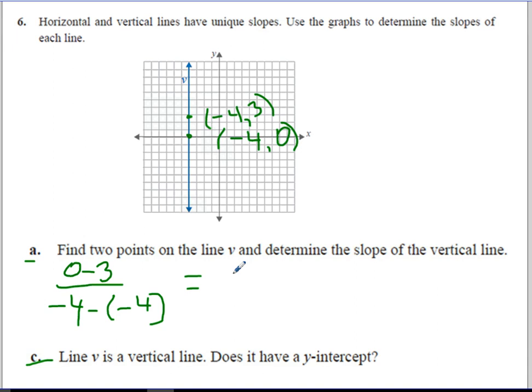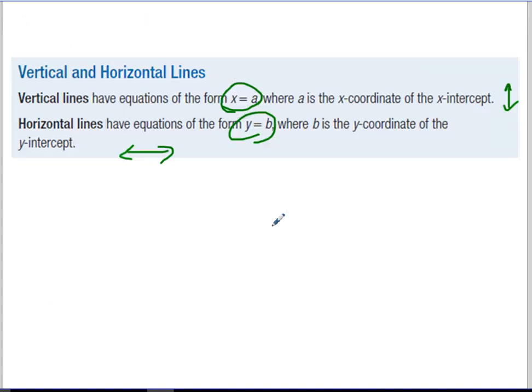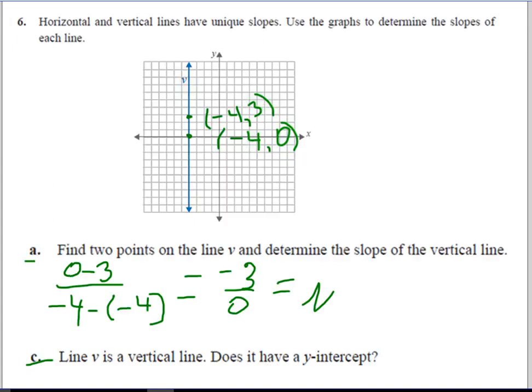And so we get 0, -3 over 0. We're not allowed to divide by 0. So anytime you have a vertical line, it is an undefined slope. Let me type that, instead of trying to write that, because it's going to be very sloppy if I don't.